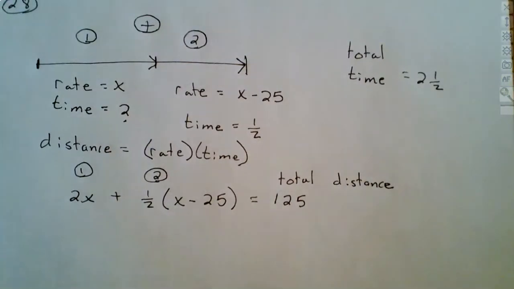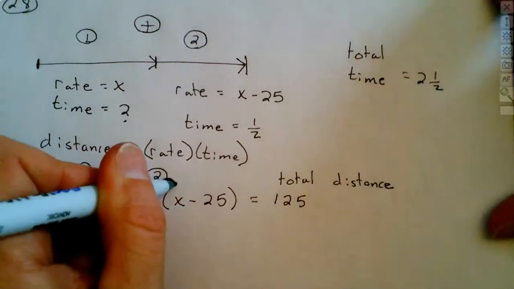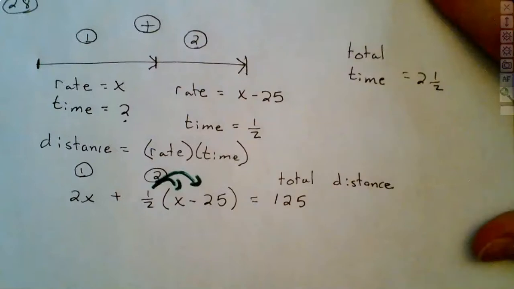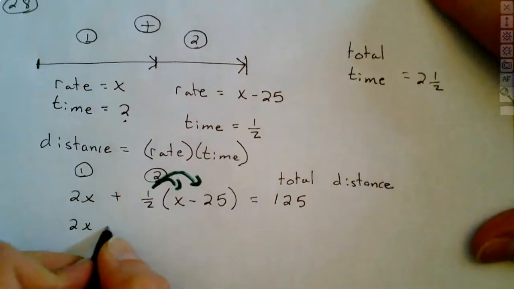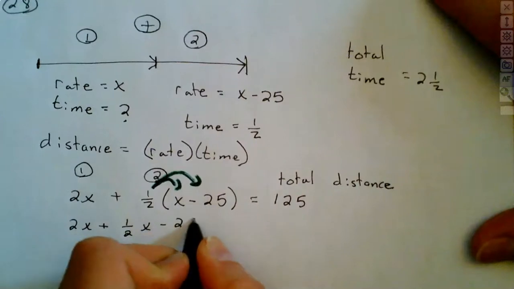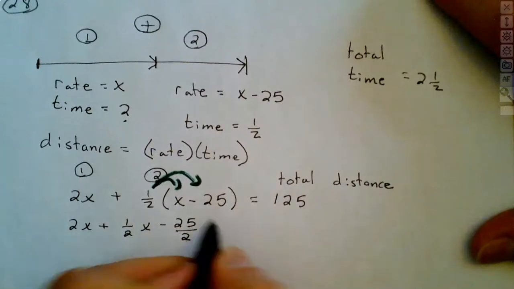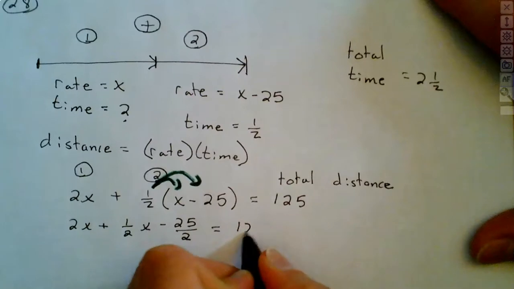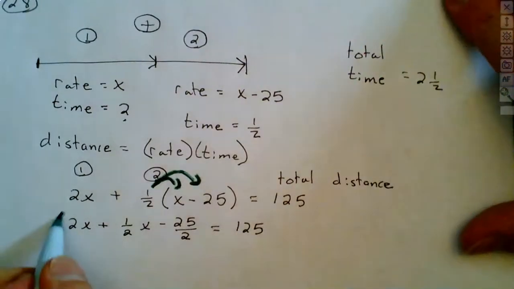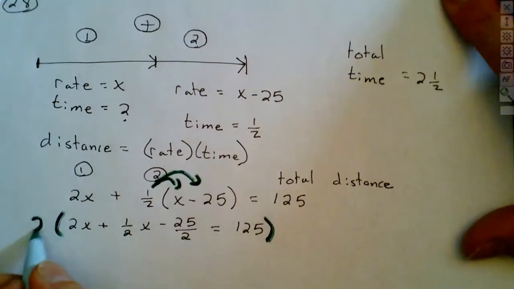Distribute that half through, and then we'll clear our fractions. So now we've got 2x plus 1/2 x minus 25 over 2, when we distribute, equals 125. We're going to clear our fractions by multiplying everything by 2.